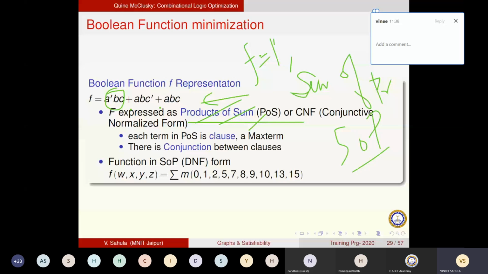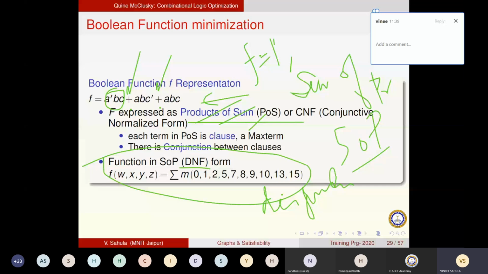And this is called DNF. This ORing is called disjunction. Plus is ORing in Boolean function terms, and is called disjunction. So it is called disjunctive normal form.